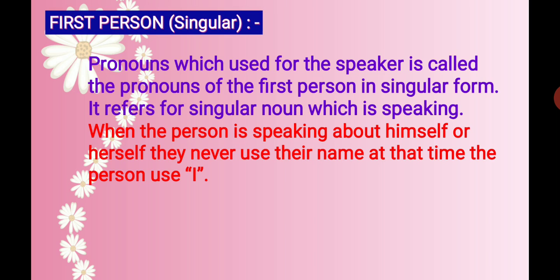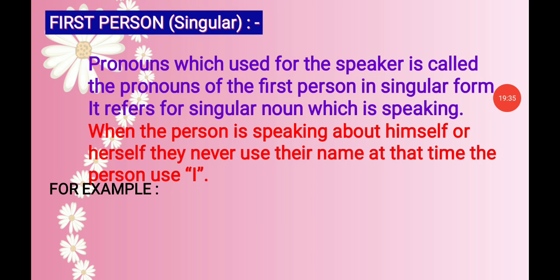If my name is Jigna, then I don't say Jigna is going to school. No, I don't use this word, right? I don't use my name at the time of speaking. Then what will I use? I am going to school. In the same way, anybody speaking about themselves uses I instead of their name.